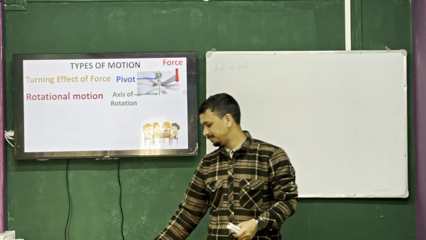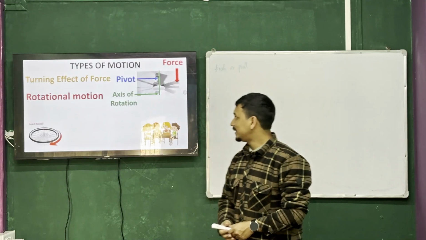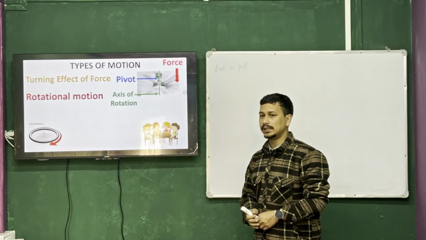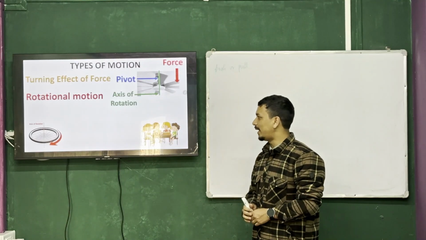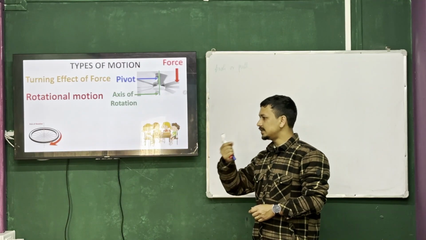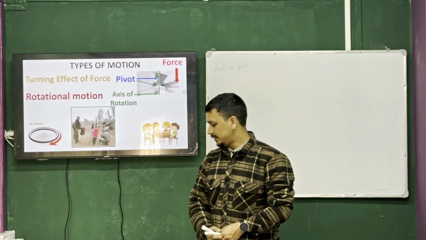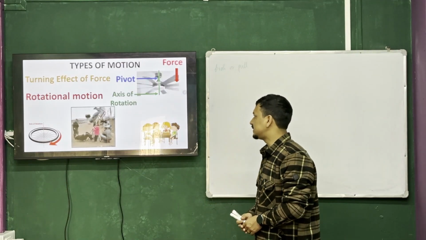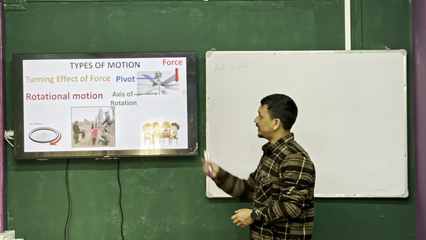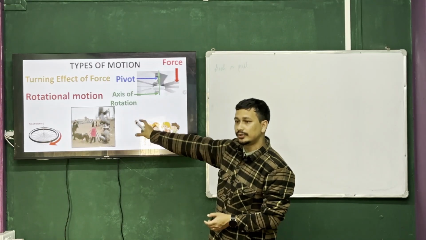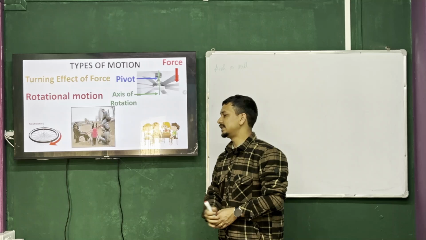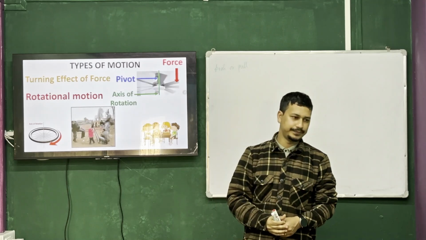Okay. So another example can be, let's say, a wheel. You can see that is the wheel of a bicycle that is rotating. So that is also rotational motion. And look at this, people playing seesaw. All right. So here you can see that the seesaw is also rotating. So that is also an example of rotational motion.